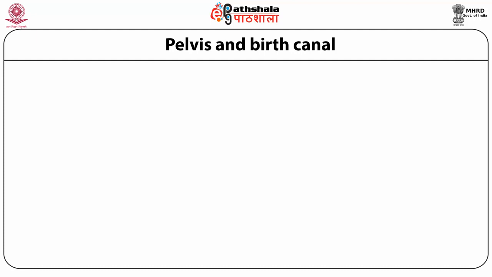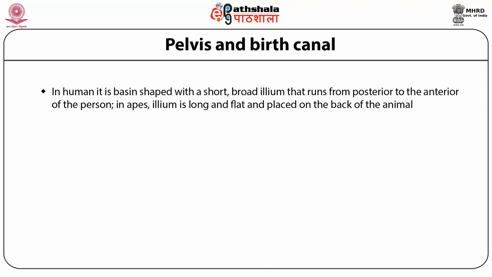These bones are arranged in such a way that it gives a basin shape in humans, with a short, broad ilium that runs from posterior to anterior. But in apes, the ilium is long and flat and placed on the back of the animal.